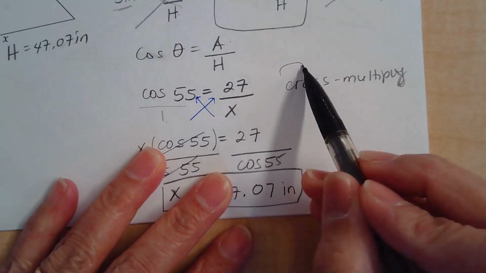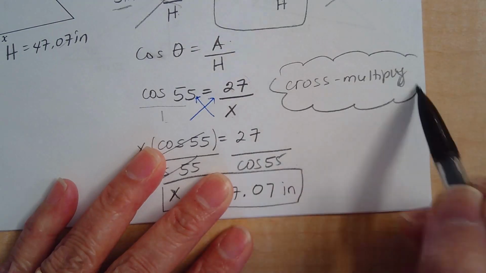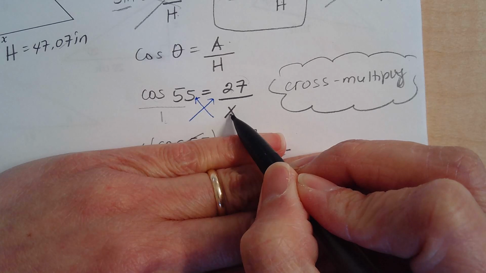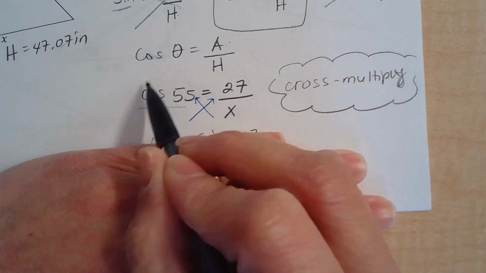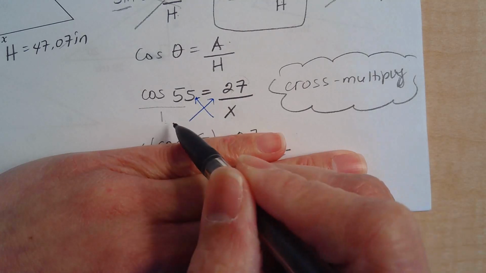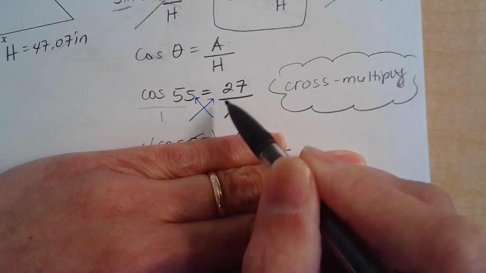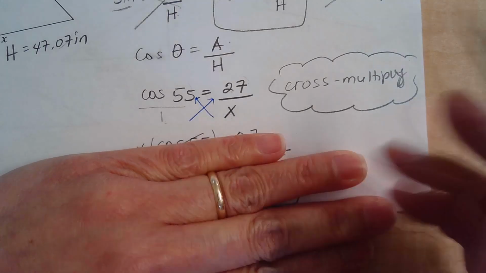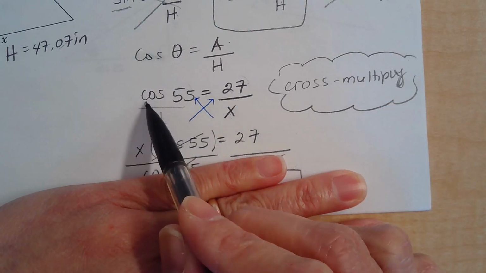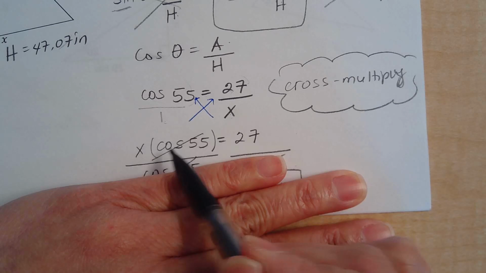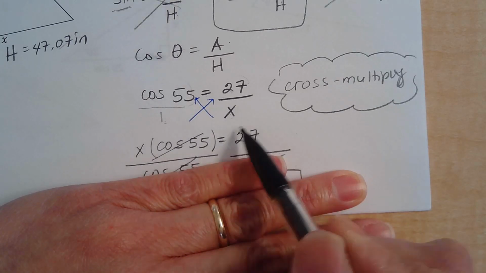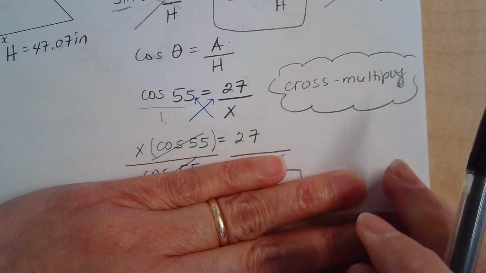And then we're going to cross multiply. Cross multiply means this x will be multiplied with cos 55, and then the 1 will be multiplied with 27. So this is where we're at. So x multiplies by cos 55, that's that one. And then 1 times 27 will give you that one.